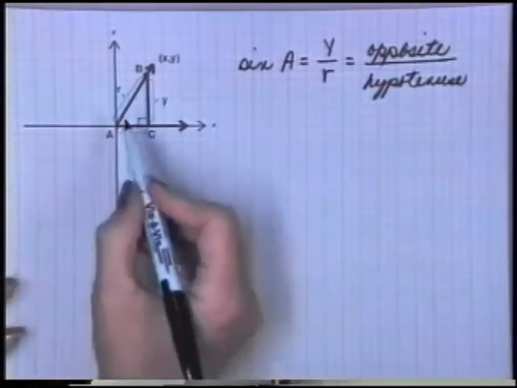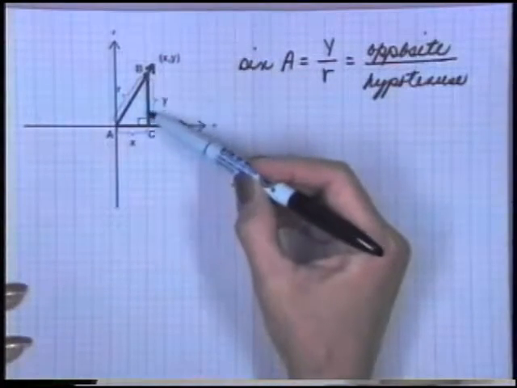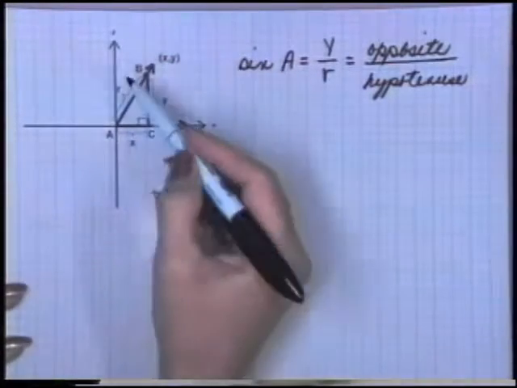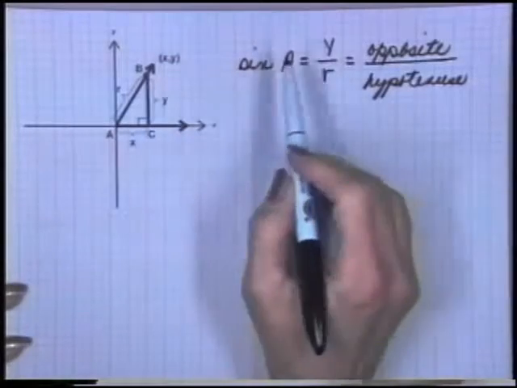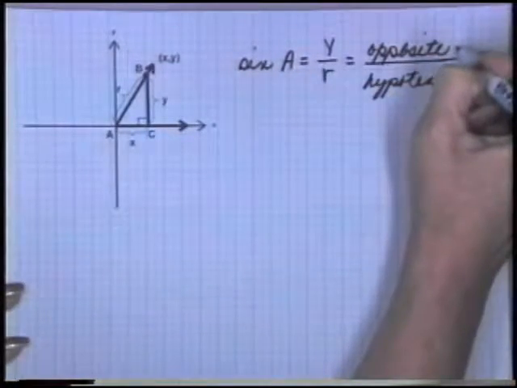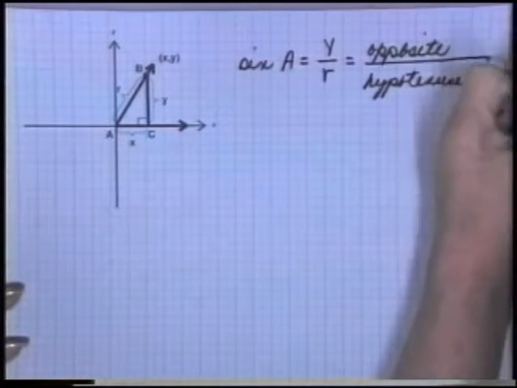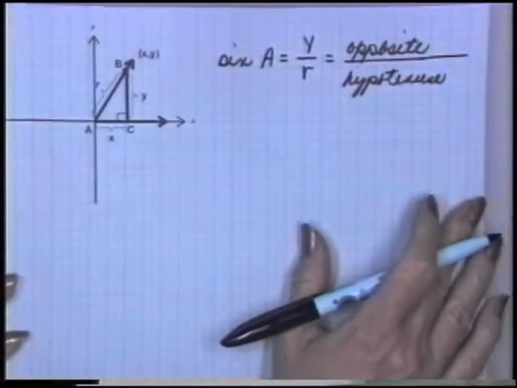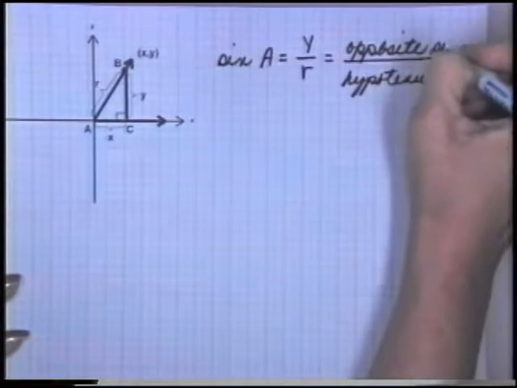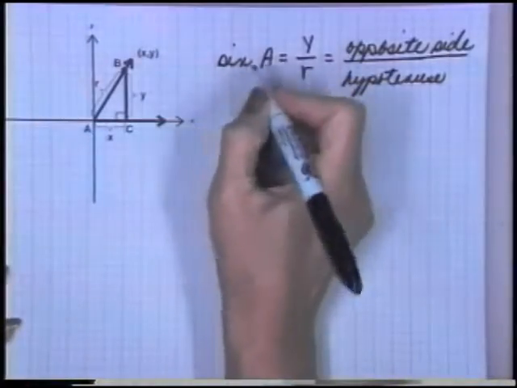And so if we had an acute angle in a right triangle and we knew the length of the leg across from angle A and we knew the length of the hypotenuse, then we could find the sine of that angle by taking the length of the opposite leg and dividing it by the hypotenuse. Probably I should write here opposite side divided by the hypotenuse.